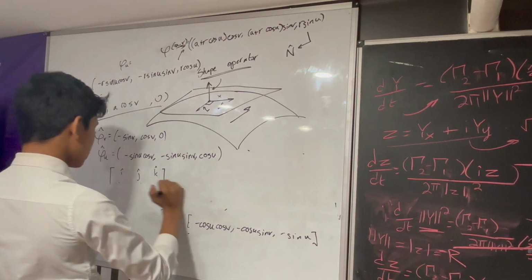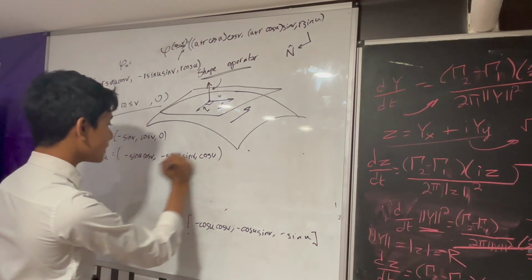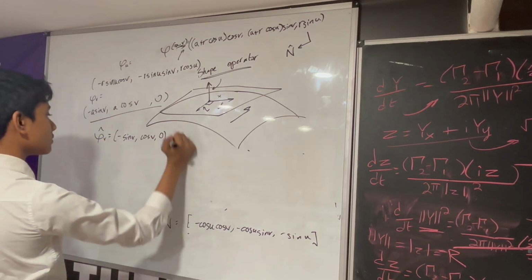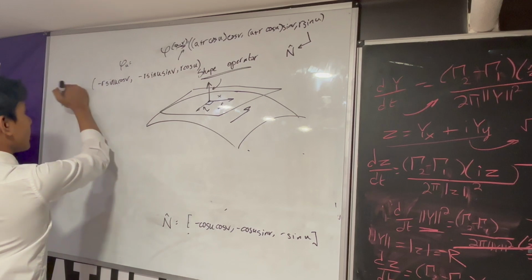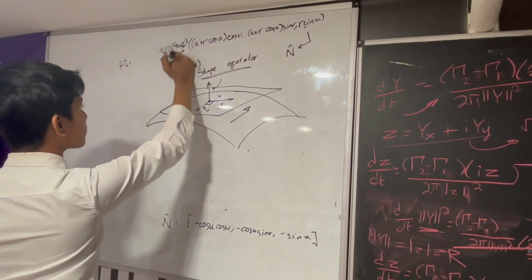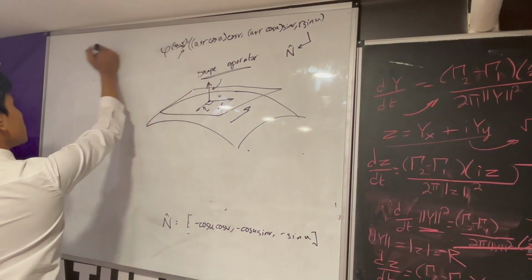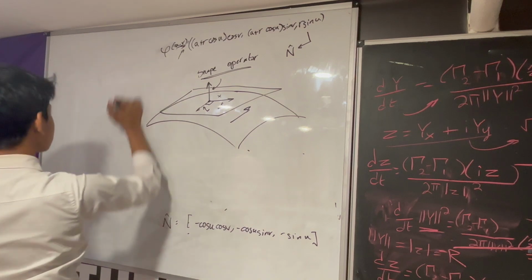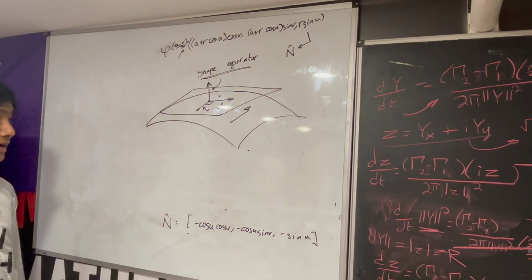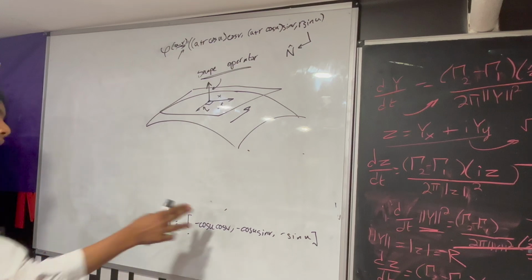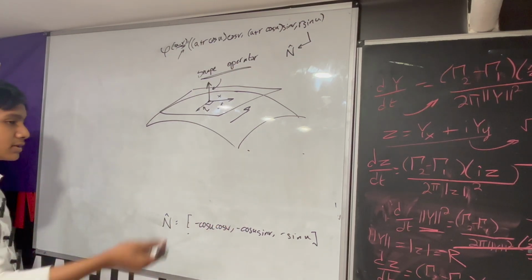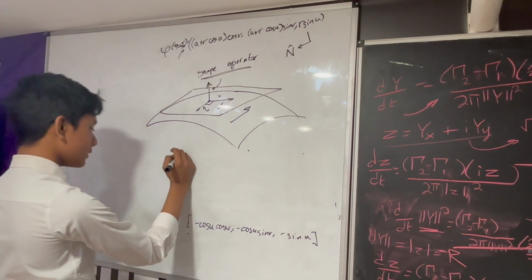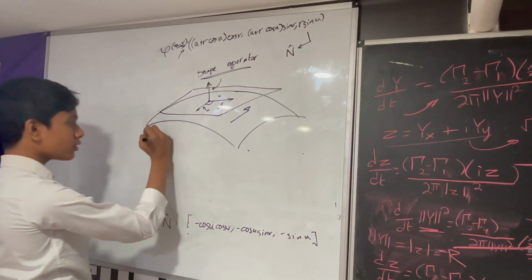So now we have to use this to find the shape operator. The eigenvalues of the shape operator will tell us the principal curvatures, which will give us the final Gaussian curvature. So what's the shape operator?